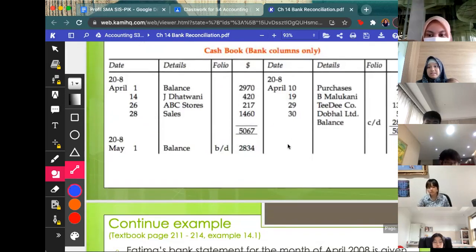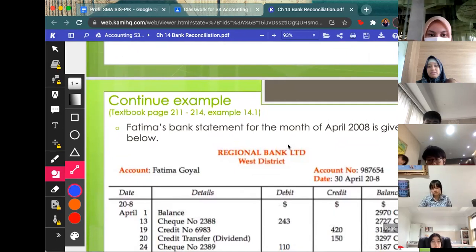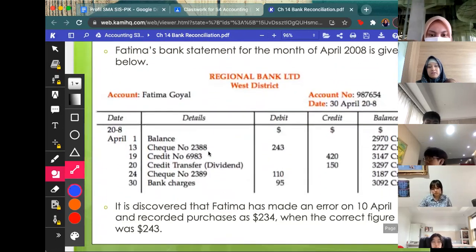The same, yeah? So all good. And now Fatima received a payment from check number 6983 for 420 and received a dividend of 150. This is money in.